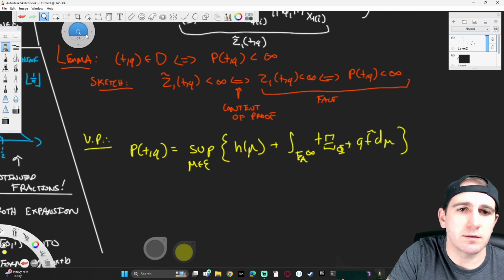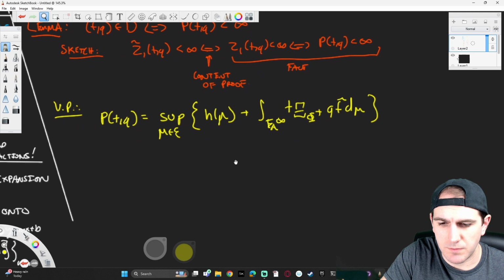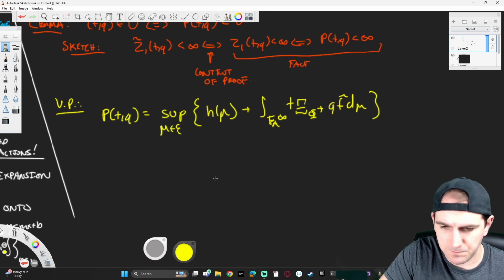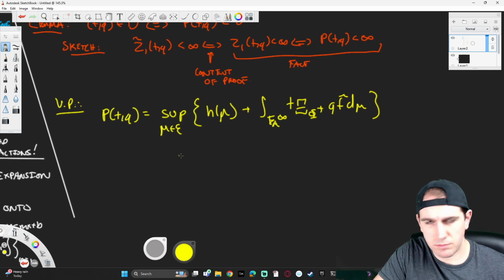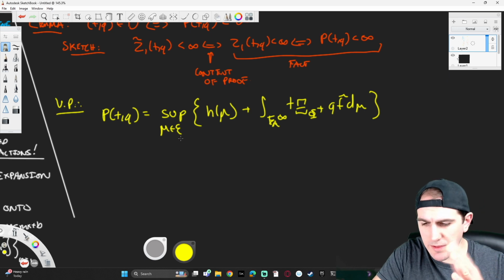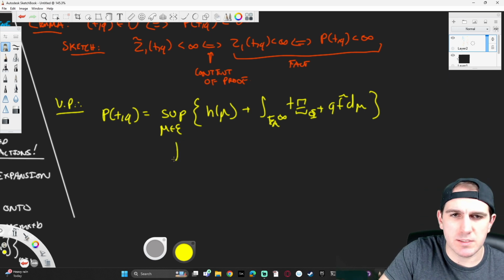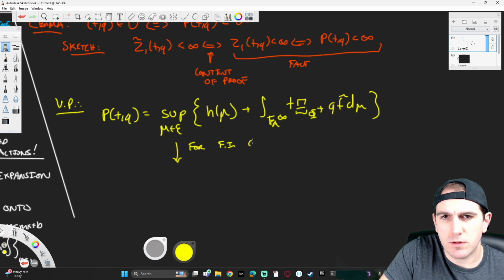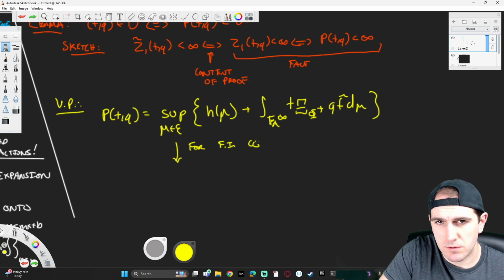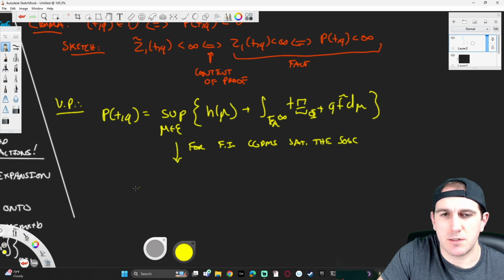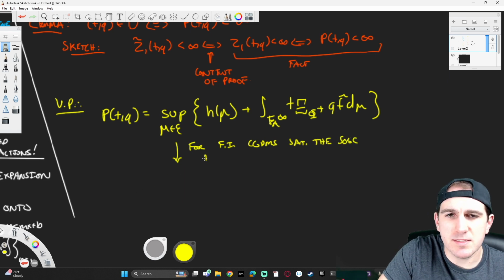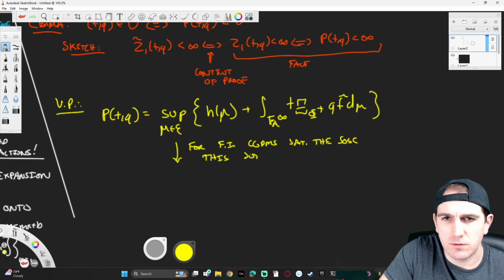And what's great about the variational principle is that for finitely irreducible conformal graph-directed Markov systems satisfying the strong open set condition, this supremum is achieved.